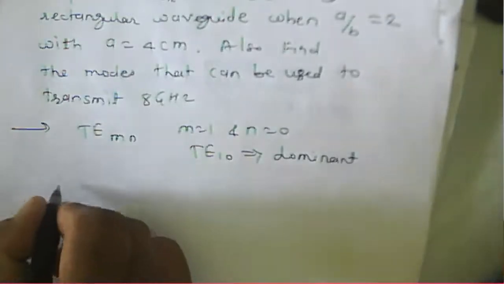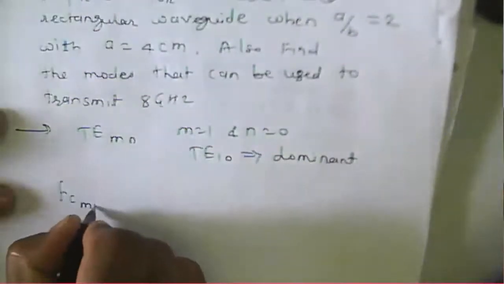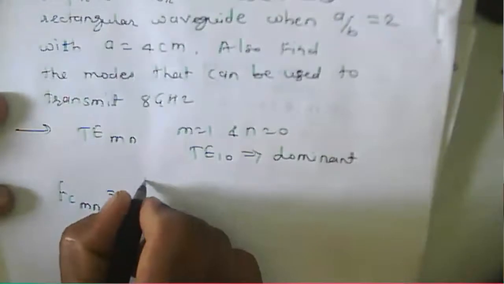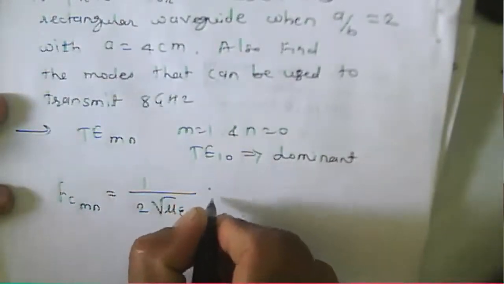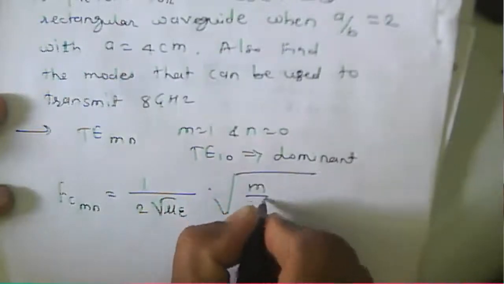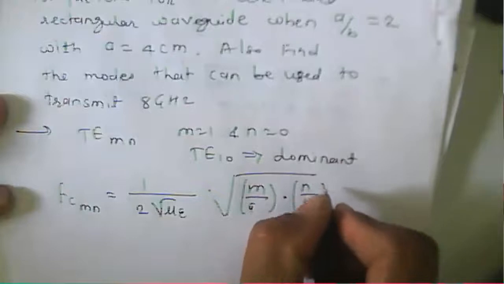So now we first find out the cutoff frequency when we have the m and n values. In that case, the formula involves mu epsilon, (m by a) squared and (n by b) squared.